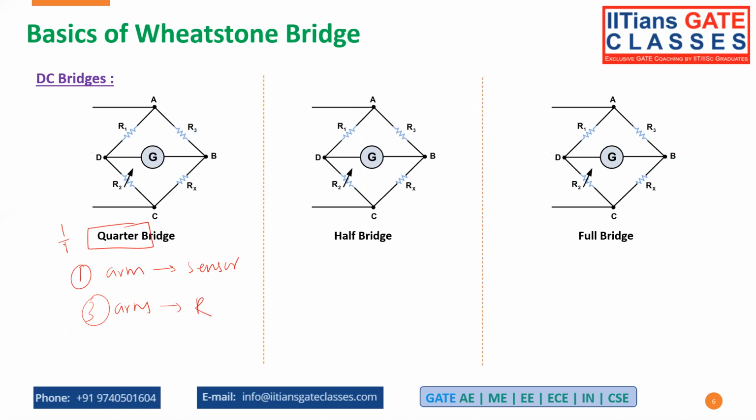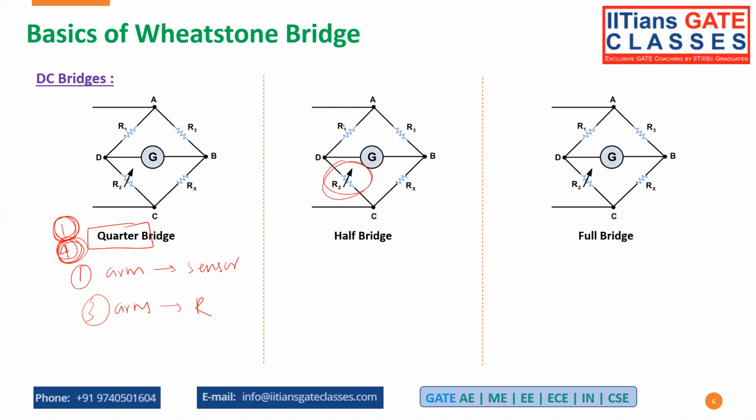Quarter means one fourth. So out of the four resistive elements, or the four arms, we are using one of the arms as the sensor, and the rest three arms as the normal resistance. So this is going to be quarter bridge.